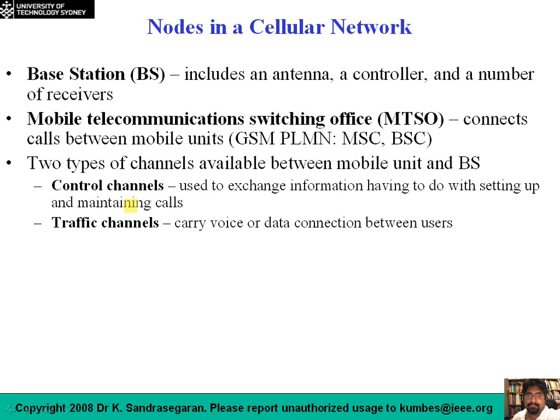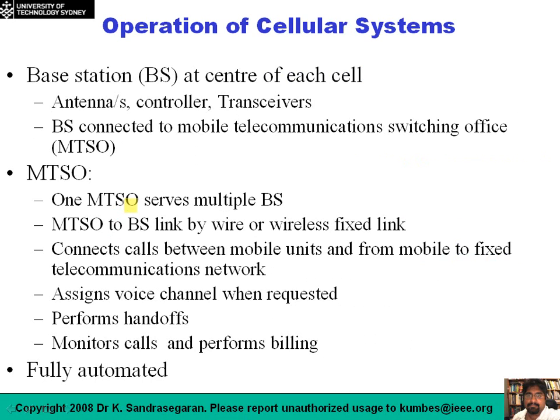The channels that are available are referred to as control channels and traffic channels. So all of the signaling takes place on control channels, and all of the user traffic is carried on the traffic channels. So in a base station you have antennas, usually as high as possible.